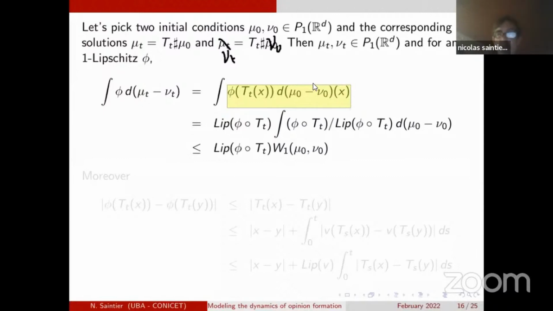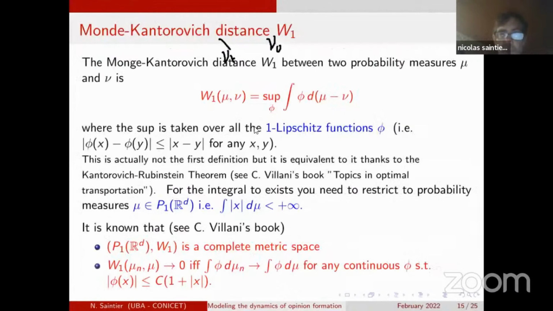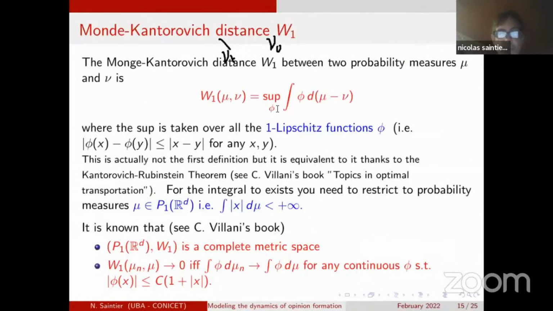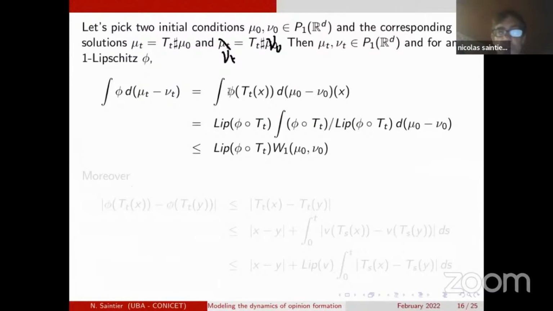Then phi is Lipschitz, and T sub t is Lipschitz too. We'll check that, it's very easy. So this is a Lipschitz function. But to be admissible in the definition of W1, my Lipschitz function should have Lipschitz constant equal to 1 at most. And this Lipschitz function may not have a Lipschitz constant at most 1.